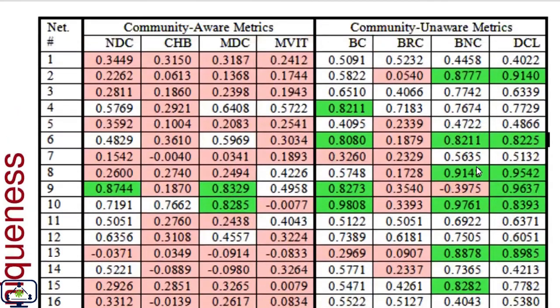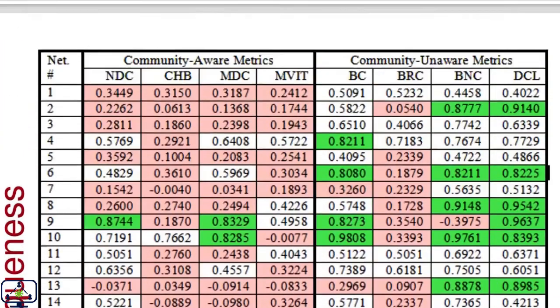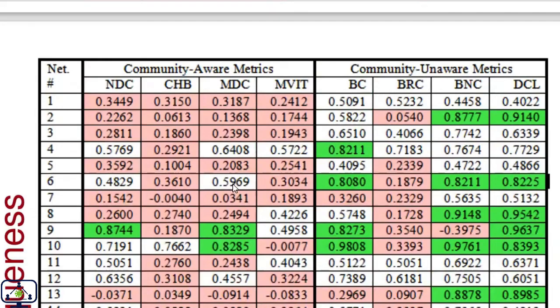Again, for the 50 real-world networks, these are the Spearman's rank-based correlation coefficient numbers with the community-aware metrics and the community-unaware metrics. The pink color is for very weak correlation, so the correlation coefficient is between negative 0.4 and positive 0.4. And the green colors are the strong correlation. The majority of these cells have the pink color, especially in the community-aware metrics.